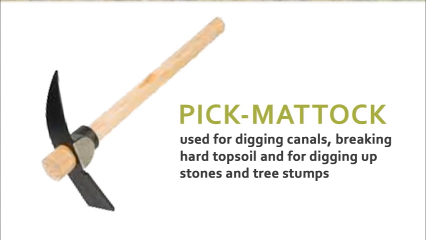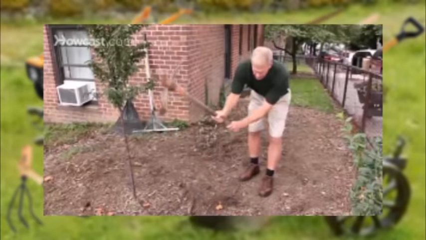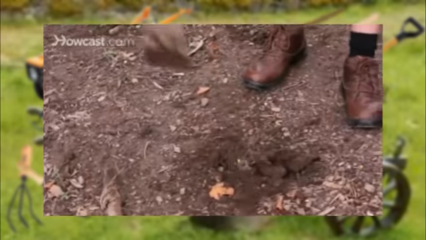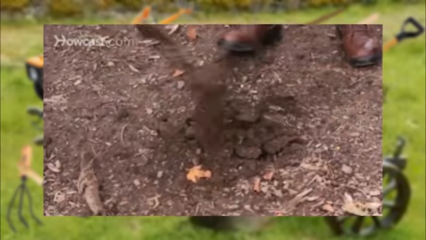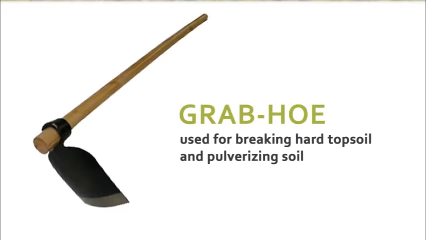Pick mattock is used for digging canals, breaking hard topsoil, and for digging up stones and tree stumps. We also have grab hoe, used for breaking hard topsoil and pulverizing soil.